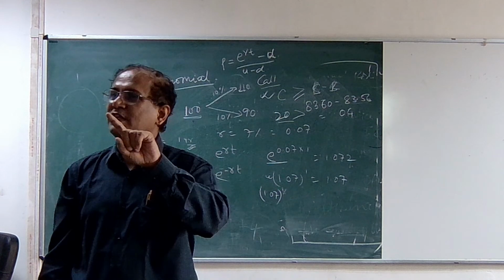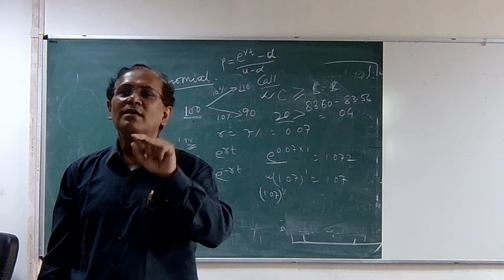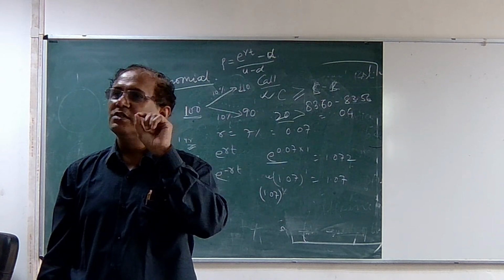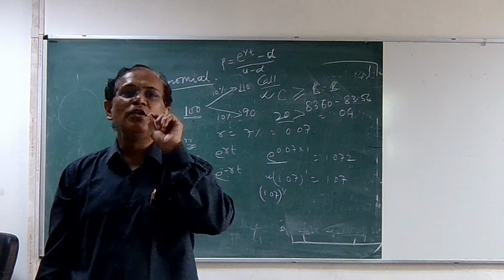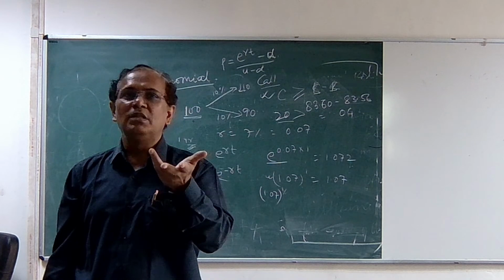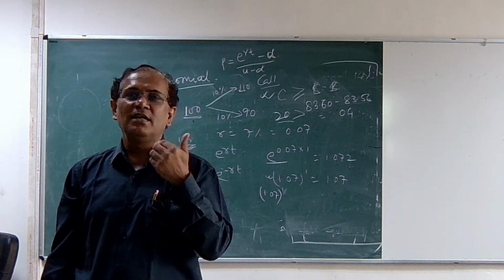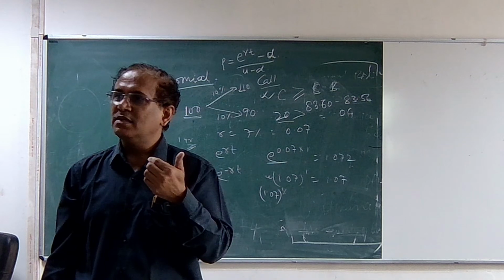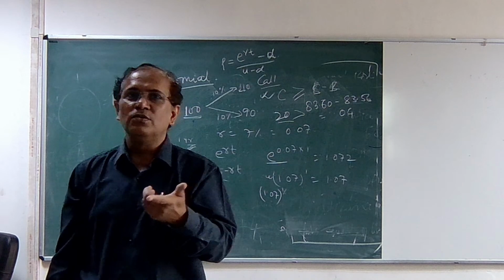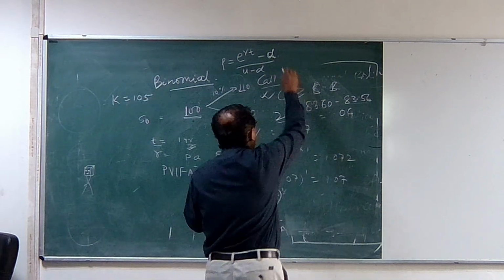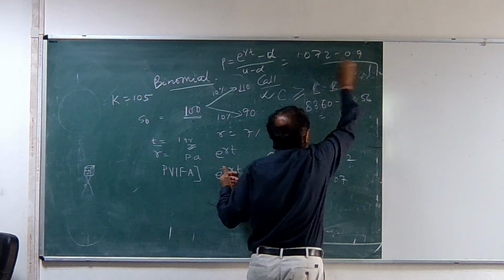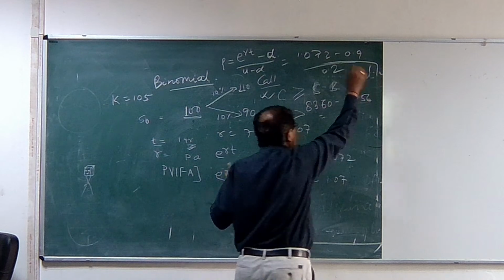Downward movement is also 10%, 0.1. 1 minus 0.1 is 0.9, so the value of D is 0.9. If we assume R is 7% and T is 1 year, the e to the power RT value is 1.072. So we use this formula and write 1.072 minus 0.9 upon 0.2.